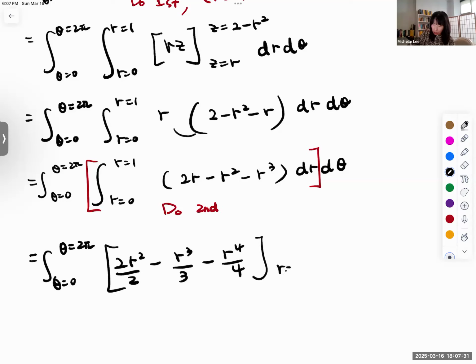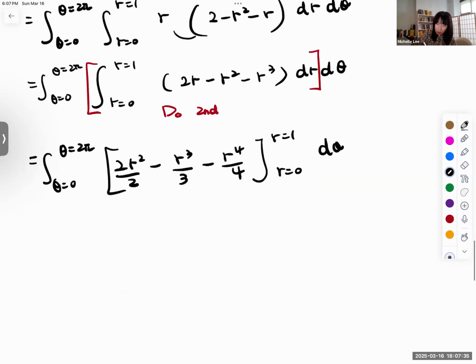And then we want to evaluate from 0 to 1. So we have theta equals 0 to 2 pi. And then we evaluate: 1 minus 1 over 3 minus 1 over 4, and the lower limit 0 gives nothing, right?